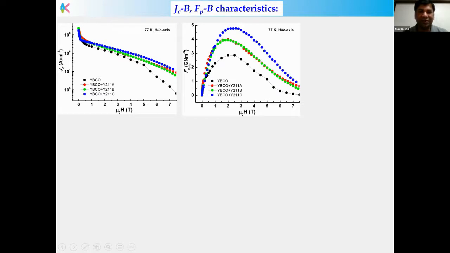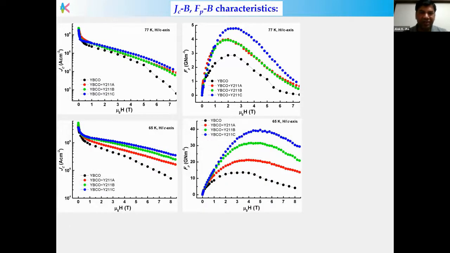When we plot pinning force density as a function of applied magnetic field, we can see a very significant enhancement in the value of pinning force density in the nanocomposite film. These are the results at 77K, and similarly, we also observed a large enhancement in pinning force density at 65K, which is a sign that in-field critical current density has improved a lot.